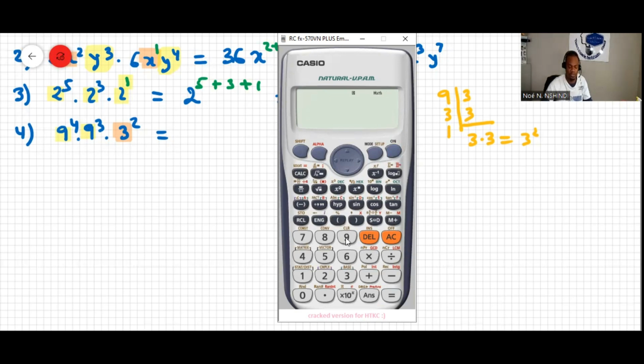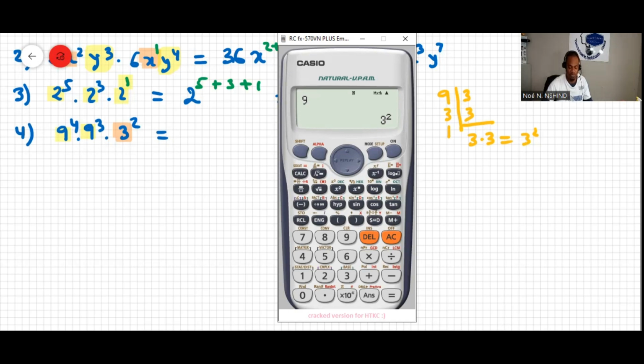I take a number like 9, you press 9, you need to find 9 in terms of its prime factor. You press the equal button, and then press the shift button, and then you can press the button that you see here. You see on top there is written fact. When you hit there, it tells you what the number is in terms of its prime factor, 3 squared.